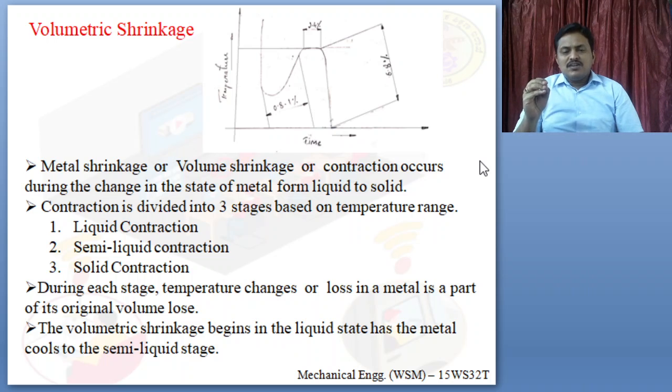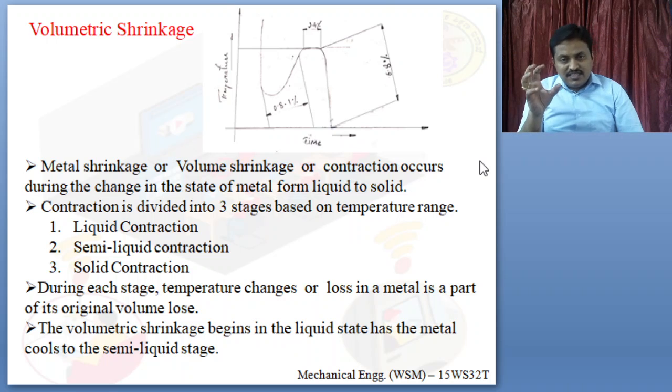So in simple words, contraction means there is a reduction in volume. ಈ ವಾಲ್ಯೂಮ್ ಅಲ್ಲಿ ಏನಾಗುತ್ತೆ, ಶೇಪು ಮತ್ತು ಸೈಜ್ ಆ ವಾಲ್ಯೂಮ್ ಏನಾಗುತ್ತೆ, ಕಮ್ಮಿ ಆಗುತ್ತೆ. ದಿಸ್ ರಿಡಕ್ಷನ್ ಇನ್ ವಾಲ್ಯೂಮ್ ಈಸ್ ನೋನ್ ಆಸ್ contraction. Why does this contraction occur? Because there is a change in temperature.